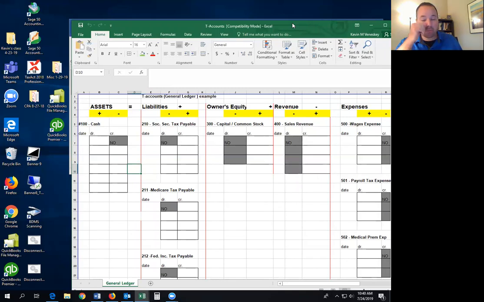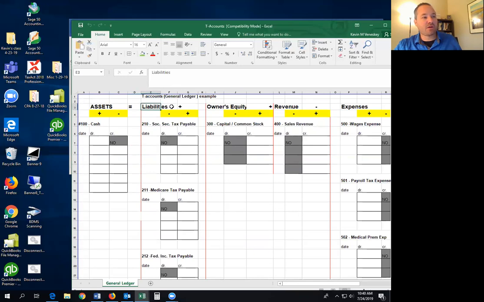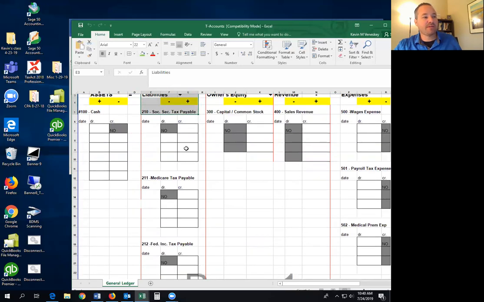I've made a real generic payroll type T account, and I left a few of the common Accounting 101 ones just to give an example. But we're not going to use sales revenue in this class. We're not going to use common stock really, but we will use cash and then all of these different liability accounts. So it's all under our liabilities.